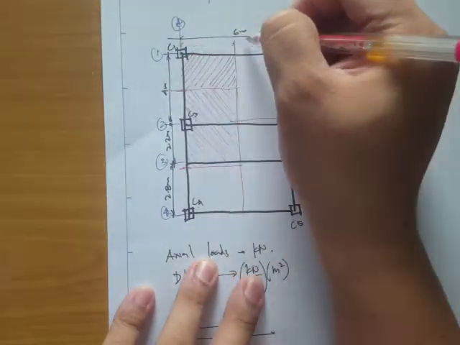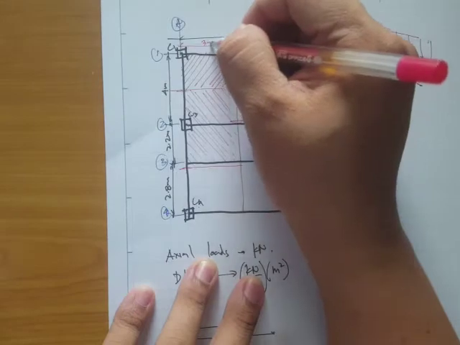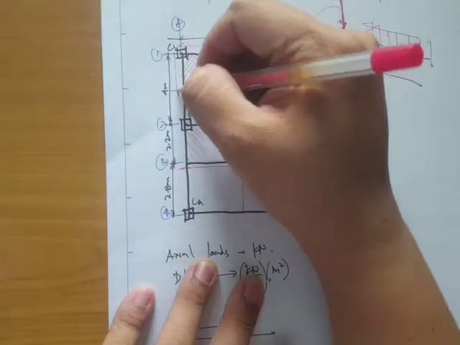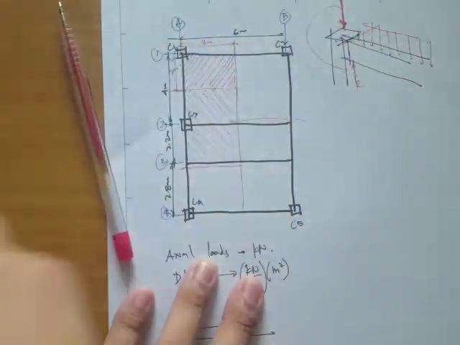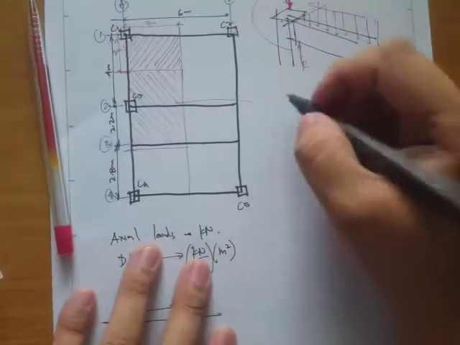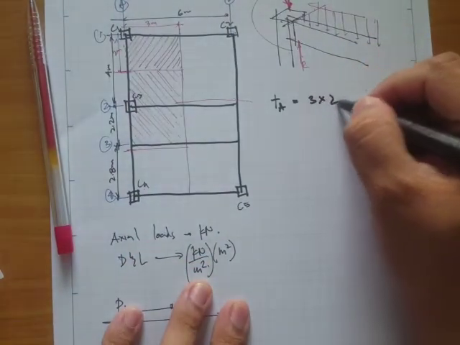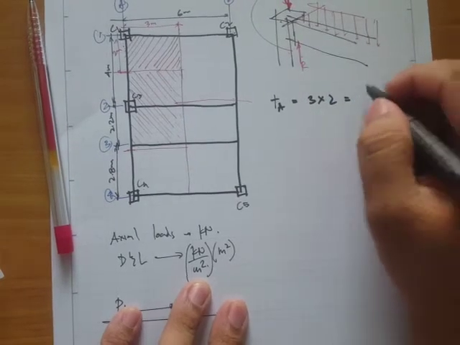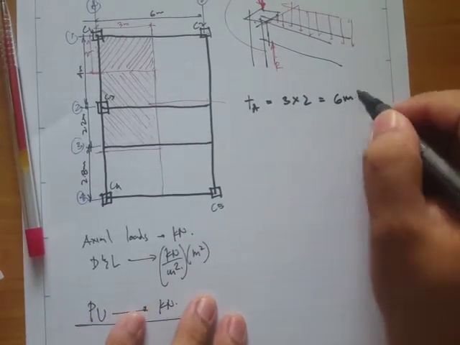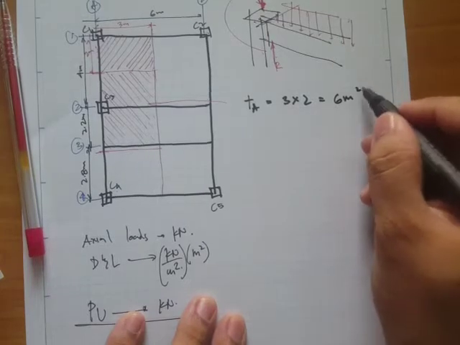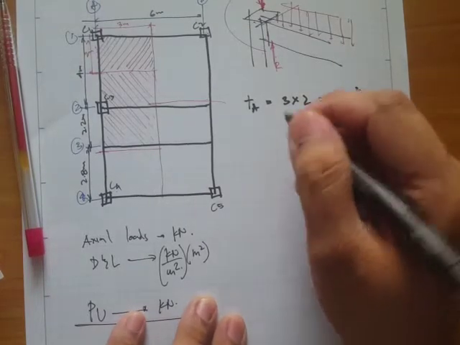So 6 divided by 2 is 3 meters, and then this one we have 2 meters. So the tributary area is equal to 3 times 2, which is 6 meter squared. Now what's our dead load?